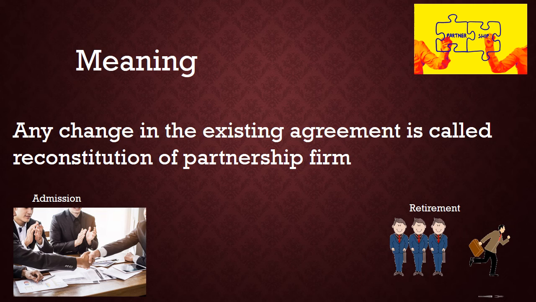The change in agreement will come when the existing partners decide to change the profit sharing ratio, or when a new partner is admitted to the firm, or at the retirement of a partner, or at the time of death of a partner.